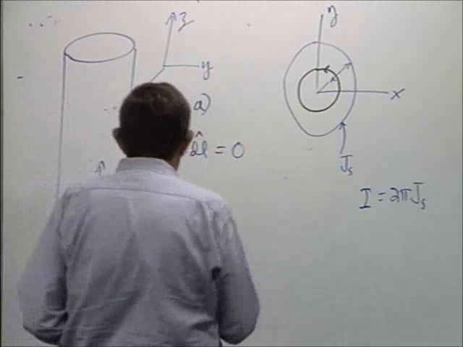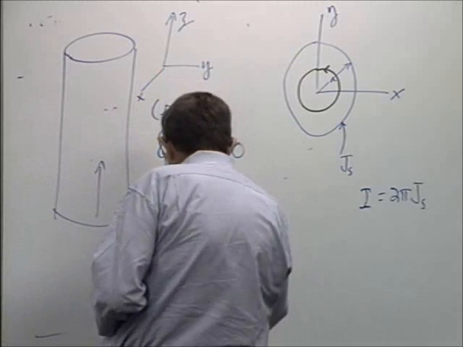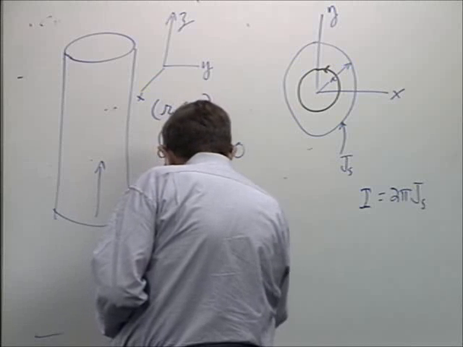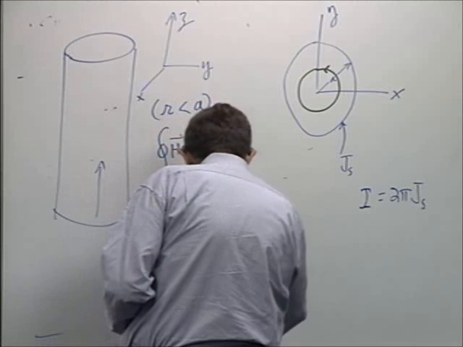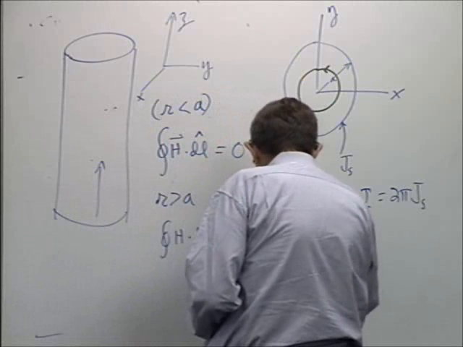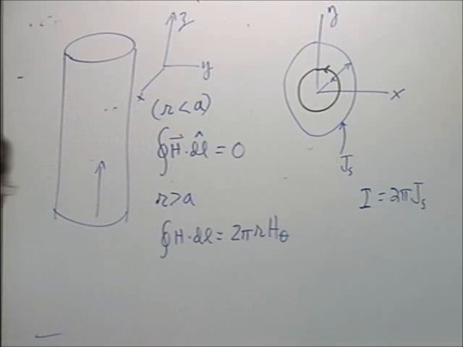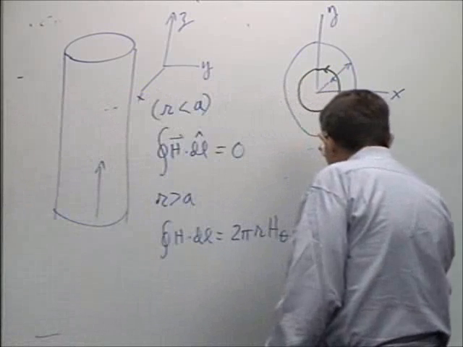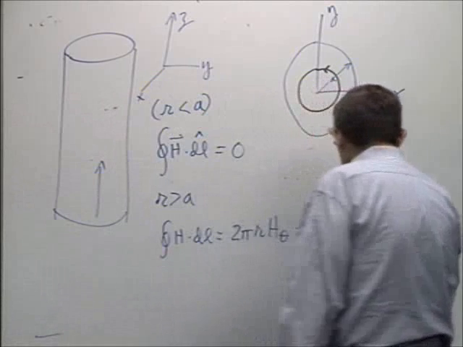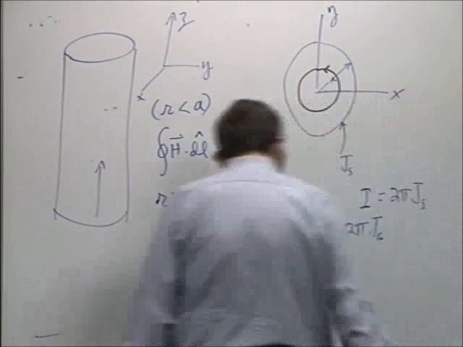If I do r greater than a, I've got the integral of H dot dl. Well, we've done that a whole bunch of times. It's 2 pi r H theta. Did it for a line of current. And it's equal to the total enclosed current, or it's equal to 2 pi a JS, whichever way it's specified.